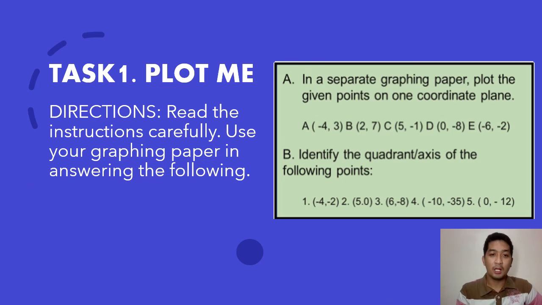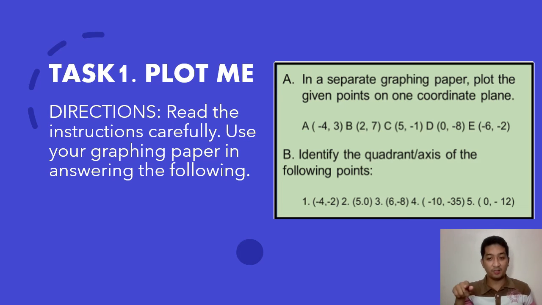Task 1 is simply "Plot Me." You just have to read the instructions carefully and use your graphing paper in answering the following. Letter A: on a separate graphing paper, plot the given points on one coordinate plane. On the graphing paper, draw a cross, the X and the Y axis.